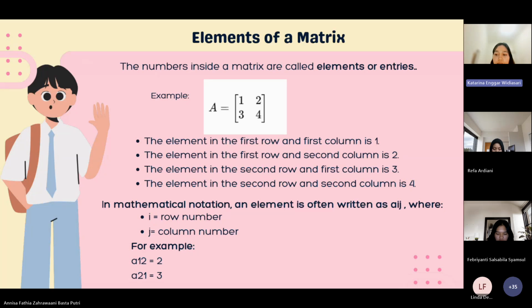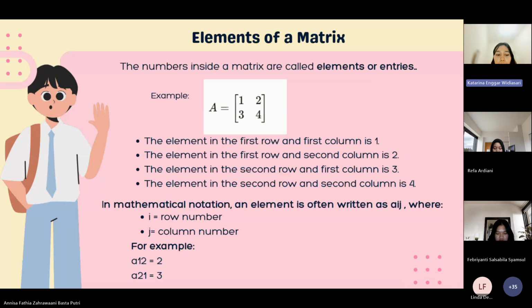Okay, the next slide is elements of a matrix. The numbers inside a matrix are called elements or entries. Each element has a unique position based on its row number and column number. In this example, matrix A has 1, 2, 3, 4.